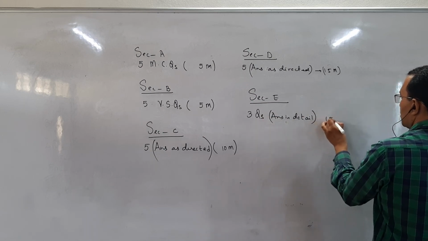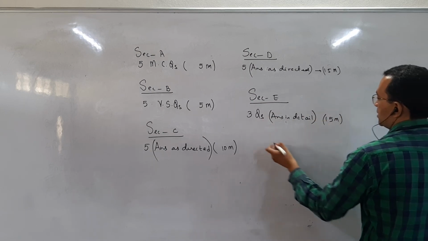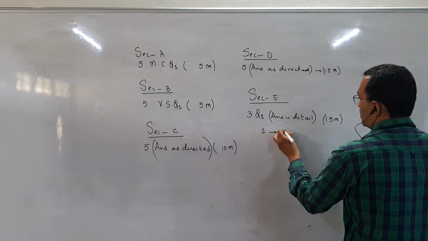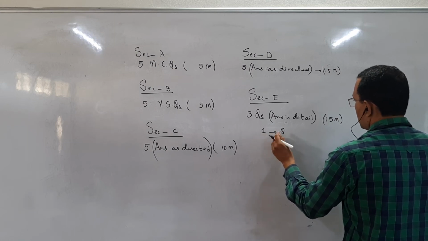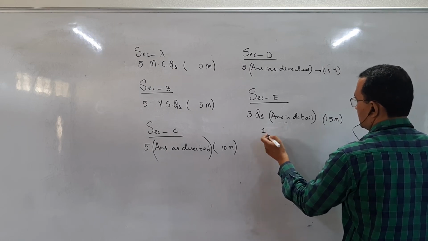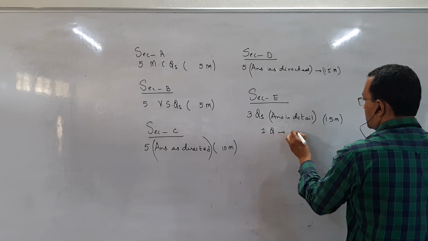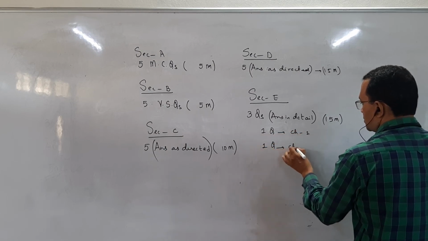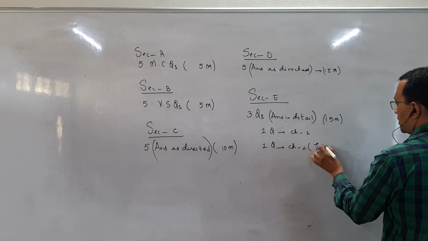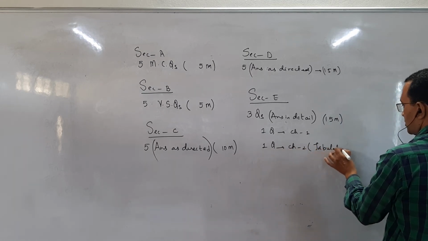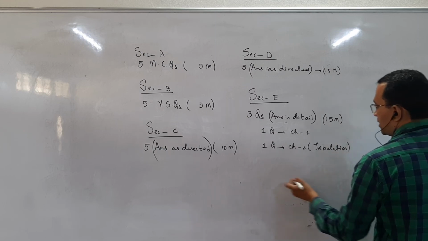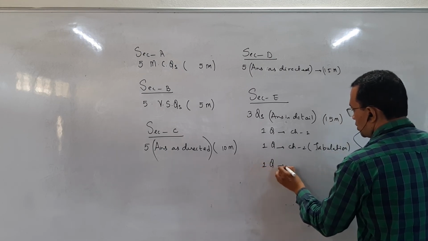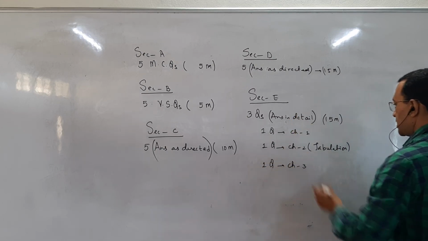This is also of 15 marks. Here, 1 five-mark question from chapter 1, 1 question from chapter 2, and this will be of tabulation, and 1 question from chapter 3.